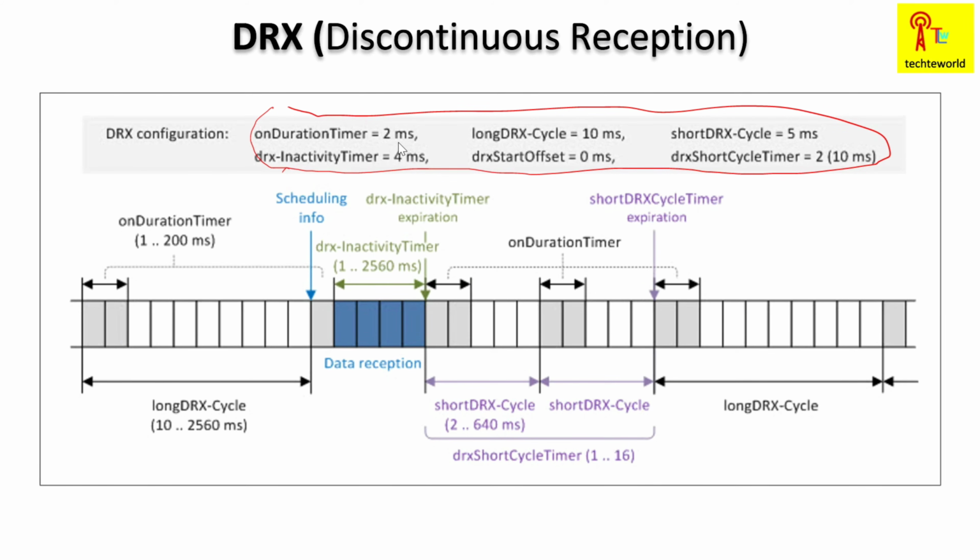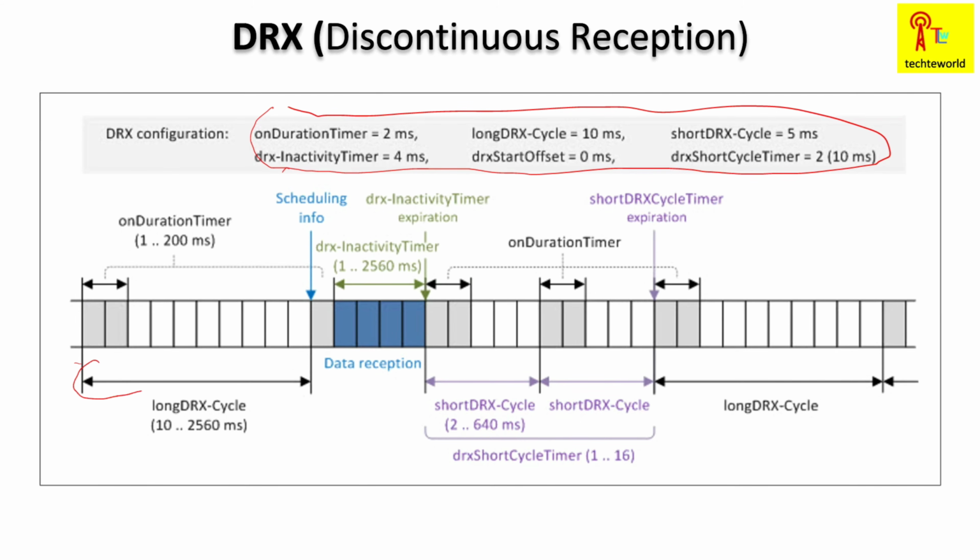We have taken an example here, but it's not necessary that only this value is used; it can take any value in the particular range it supports. We will be discussing that here. As you know, the UE and the network, eNode B towards the network, communicate in terms of frames.